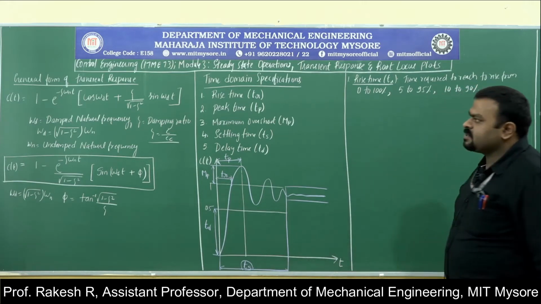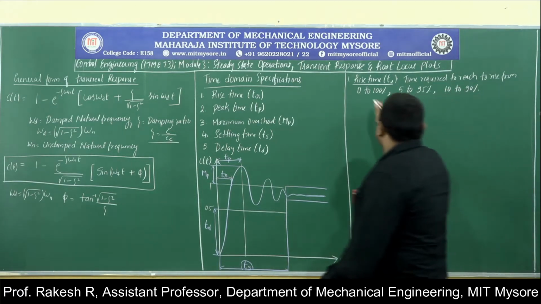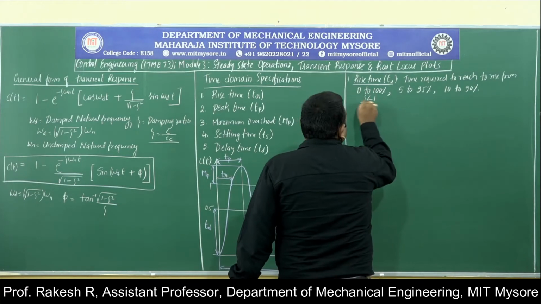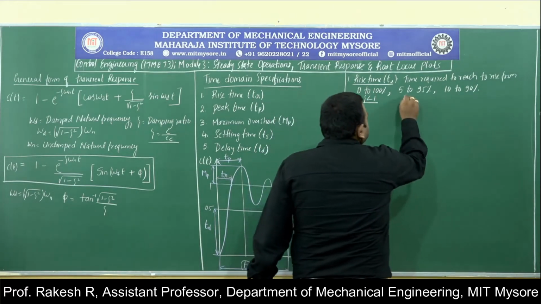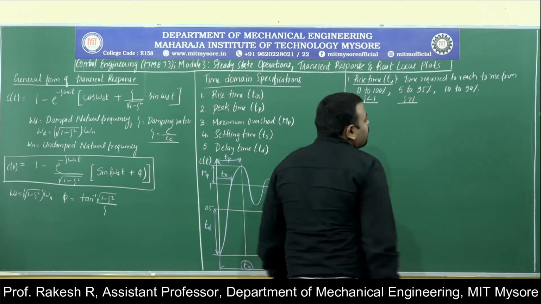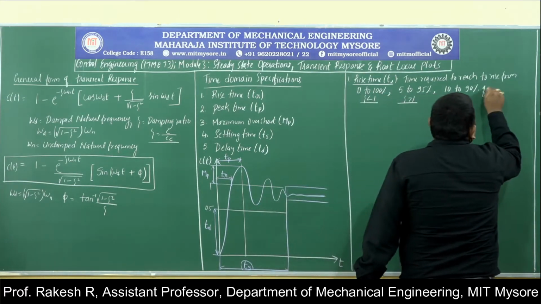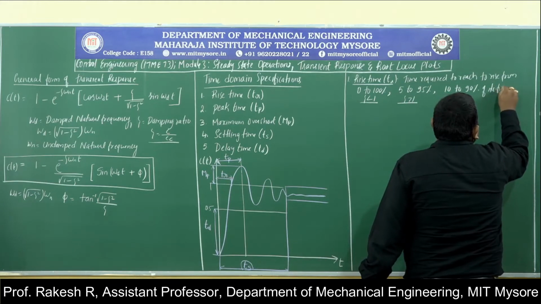Whenever you consider an underdamped system, it will be 0 to 100%. When you take an overdamped system, it is 5 to 95% of its final value.